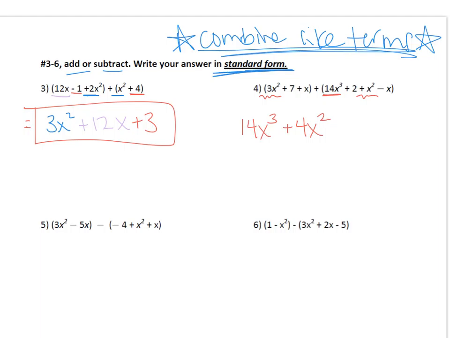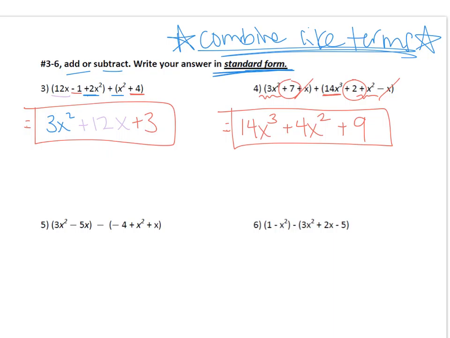Don't multiply them. Don't add them. We're just adding the coefficients. Now notice your x values, positive x, negative x cancel, so we can get rid of those. And then our last one is plus 7 plus 2. Add our constants, we get plus 9. That's our final answer. It is in standard form. We don't have any more like terms, so we're done.